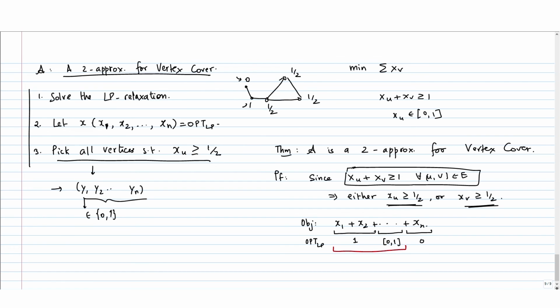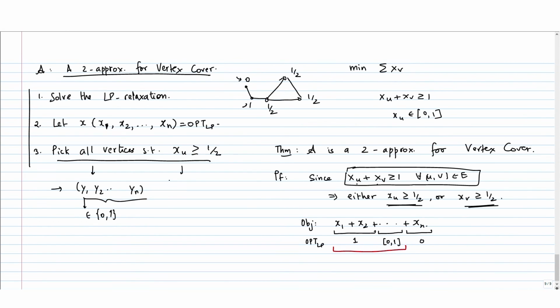Now, for every edge the constraint is xu plus xv is at least 1, so at least one of xu or xv is at least half. So, for every edge at least one of the endpoints is chosen in our solution, right. So, the algorithm is to solve the linear program and pick every vertex whose value is at least half. If the LP gives a value at least half, then you take it, otherwise you do not take it.